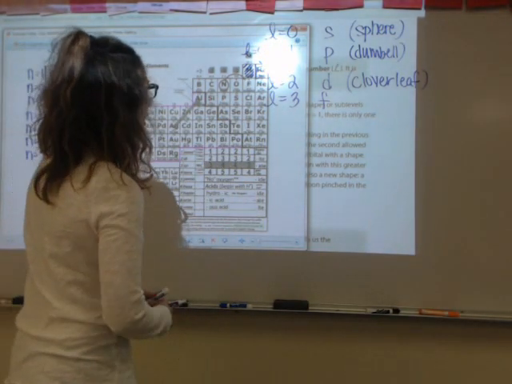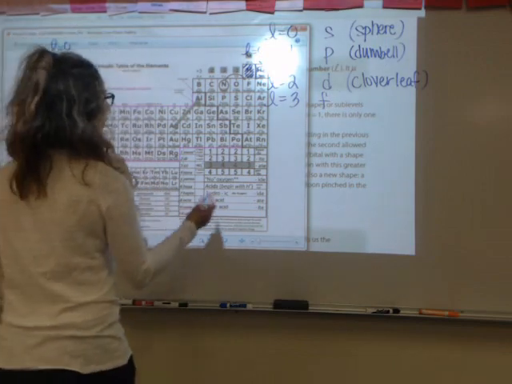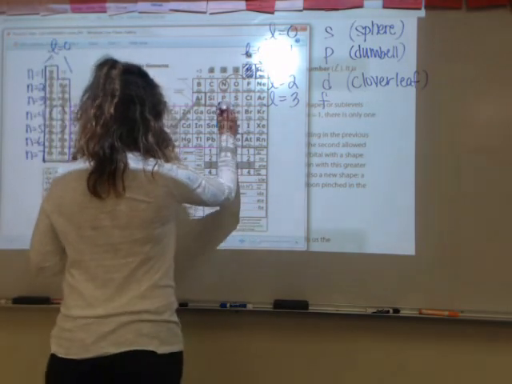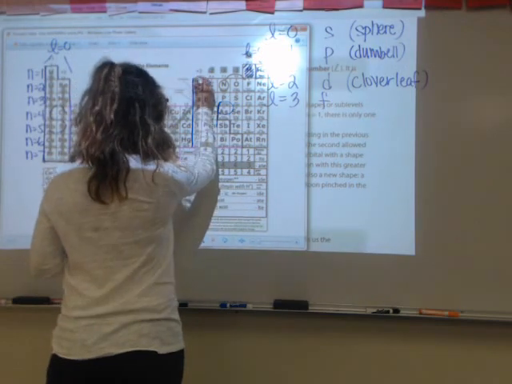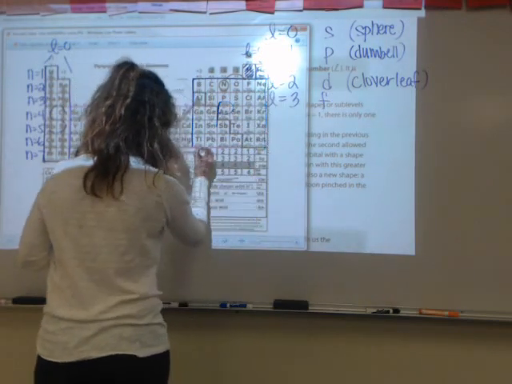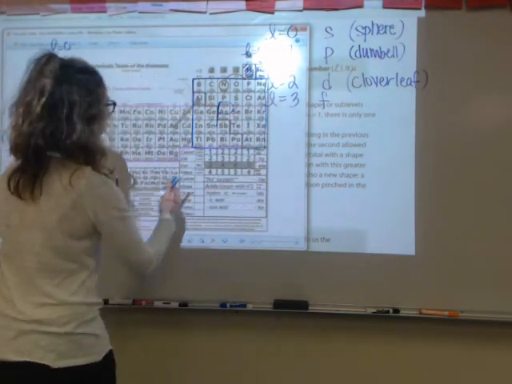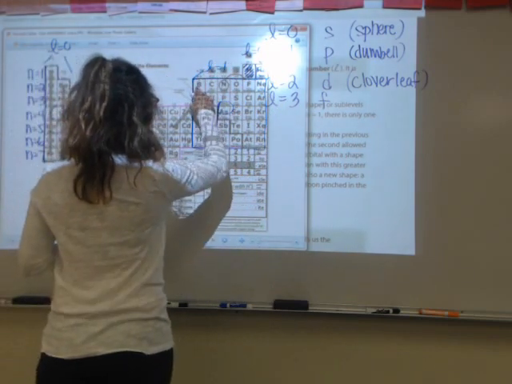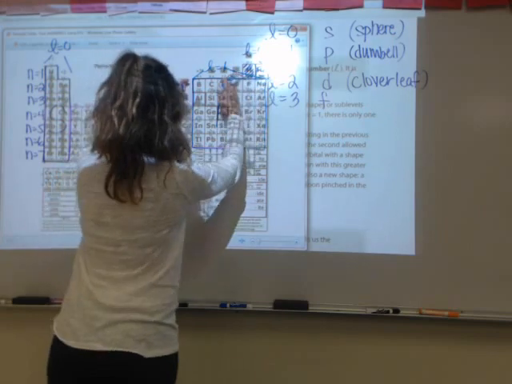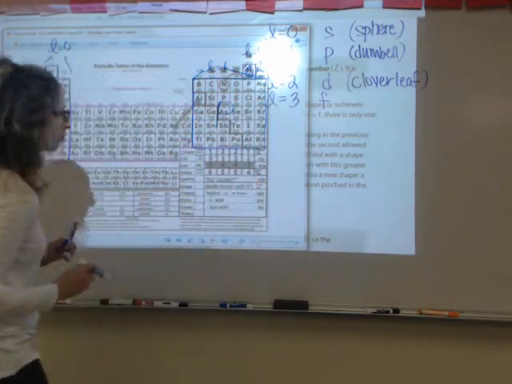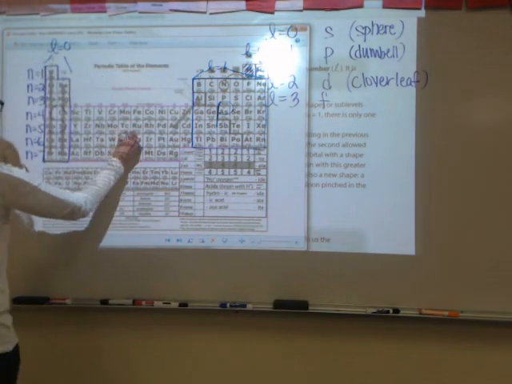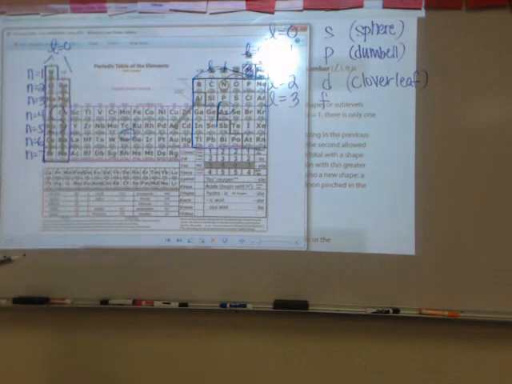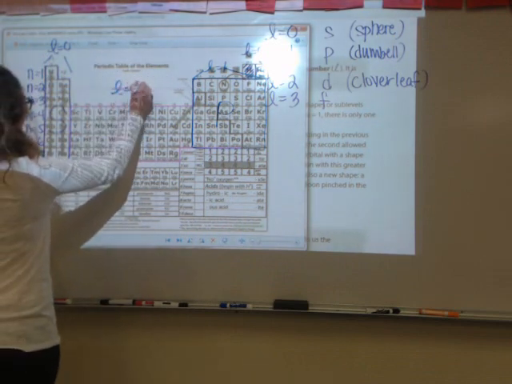Then if I go on to an L value of 1, I'm looking here. These are the P's, kind of interrupted by the 3, 4, 4, 3 trick that you've got going on down here. But the L equals 1 value starts here at boron, goes over to neon, and is this box right here. Then the D's are everything in the middle, so this is where my L value is 2.